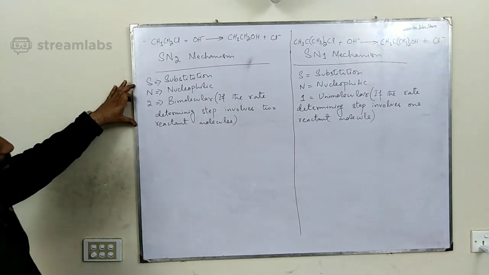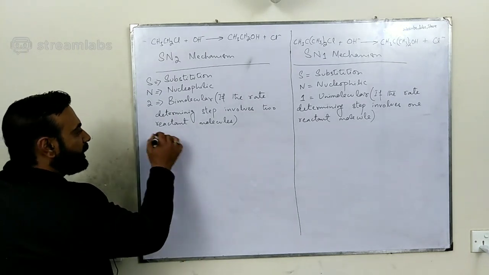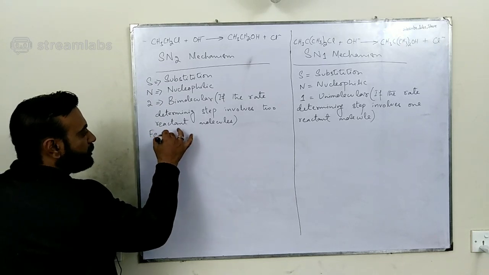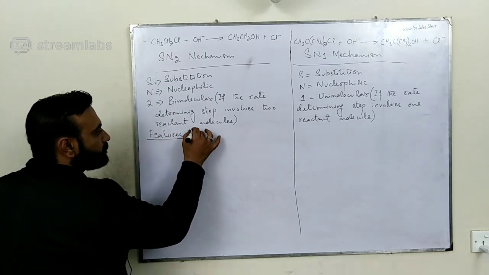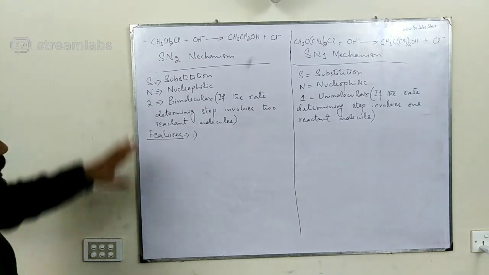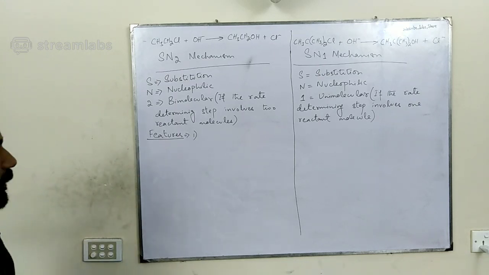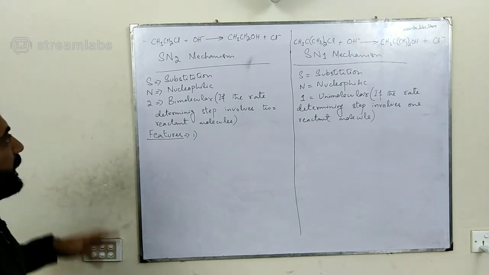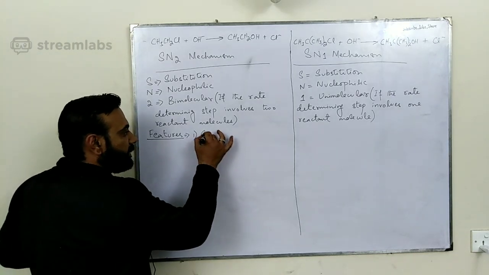Now the features of Sn2 mechanisms are a little different from the Sn1 mechanism. First, we now know that the rate determining step involves two reactant molecules. The second thing is that this mechanism is a single step mechanism.